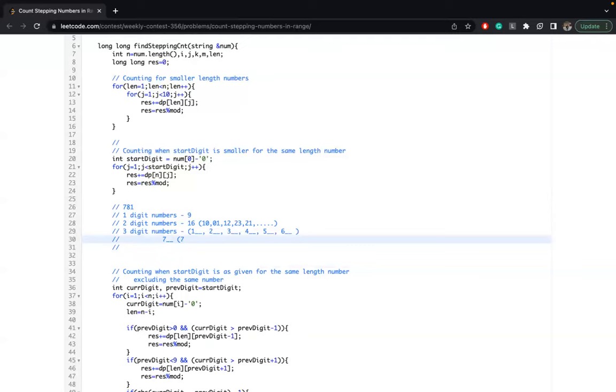So with 7 you can either have 6 something or 8 something. Now 7 6 something is already fine, since 6 is lesser than 8, so 76 something will always be lesser than 781. So 765, 767, any values with 76 will be lesser than 781, so they will all be included. So this dp will be included, and for this 7 8, 8 is exactly the number we have, right?